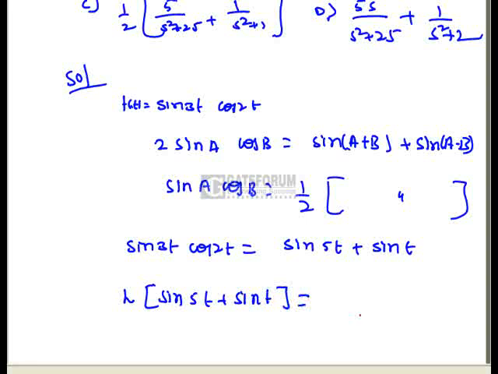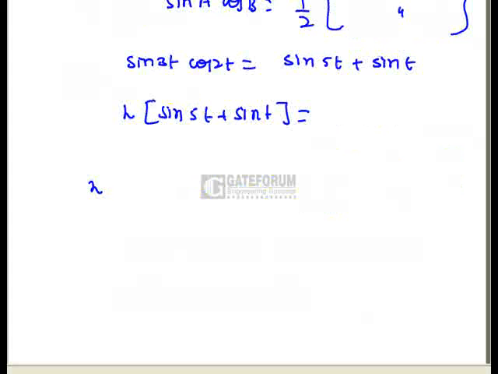We know that the Laplace transform of sine at equals a by s square plus a square. With the help of this formula, we find the Laplace transform of this. It is equal to 5 by s square plus 25.